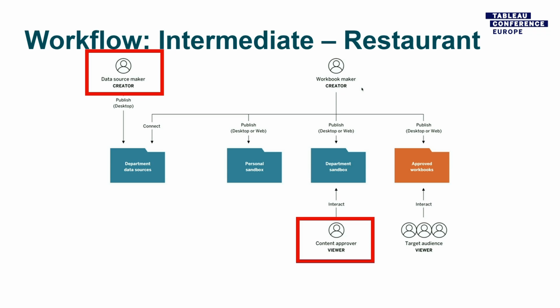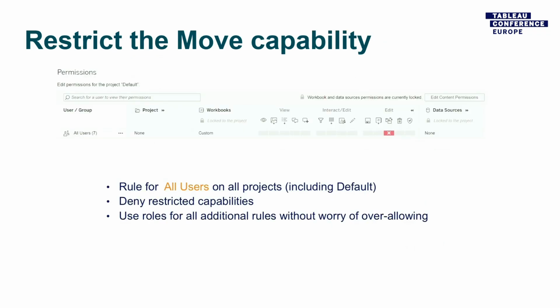So then moving from the intermediate, oh, sorry, forgot to say, one thing I do want to mention about permissions, this is kind of an aside, but generally, we don't encourage locking down or denying any permissions across Tableau. But we thought we'd throw this one out there as a little tip, which is we tend to encourage people to stop allowing people to move content from one folder to another.